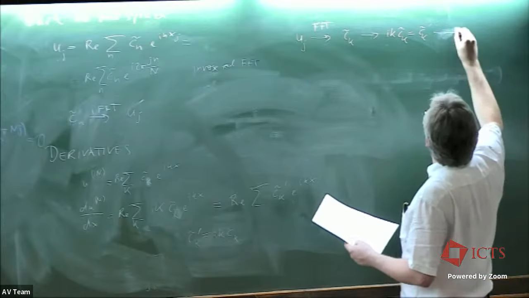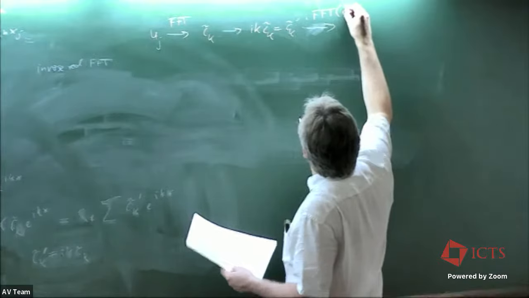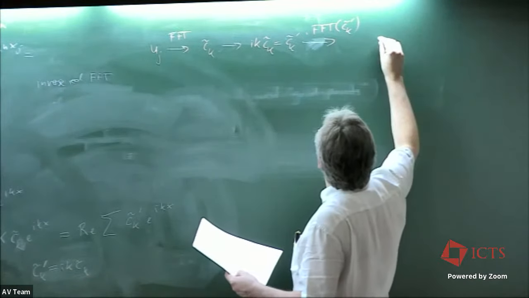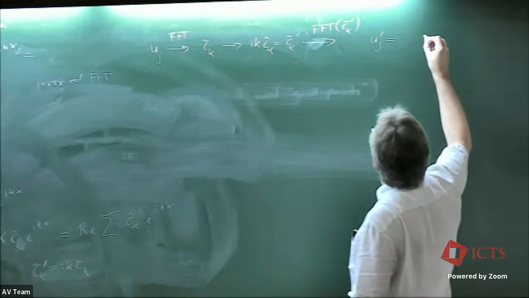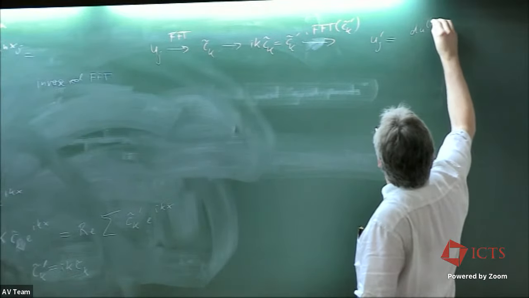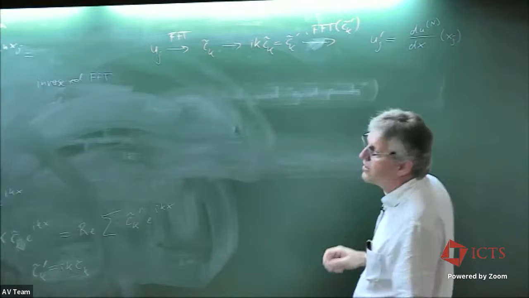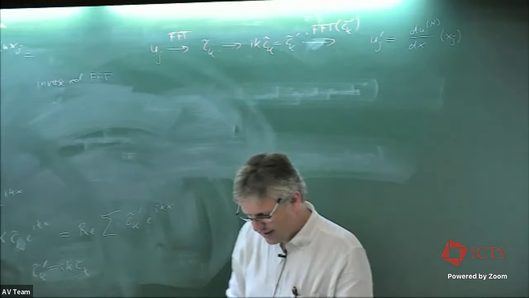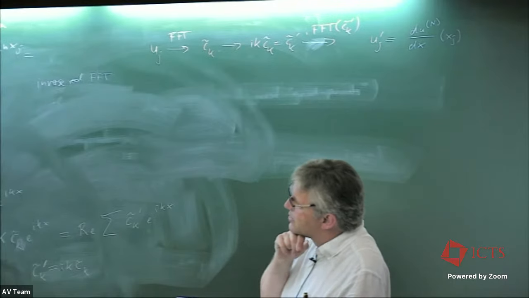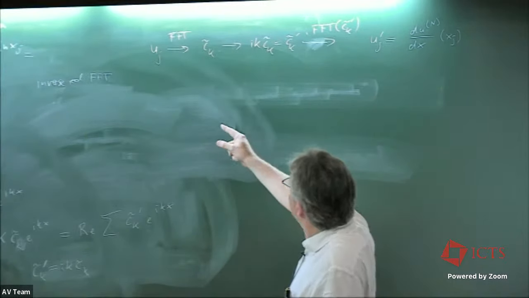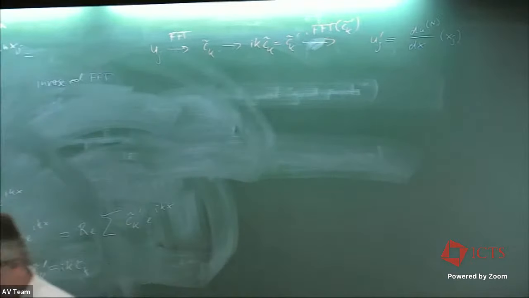And now you do an inverse FFT of c_k prime, and that gives you u_j prime, which is u_N dx at the grid points. So taking derivatives boils down to three very simple things and you're done.